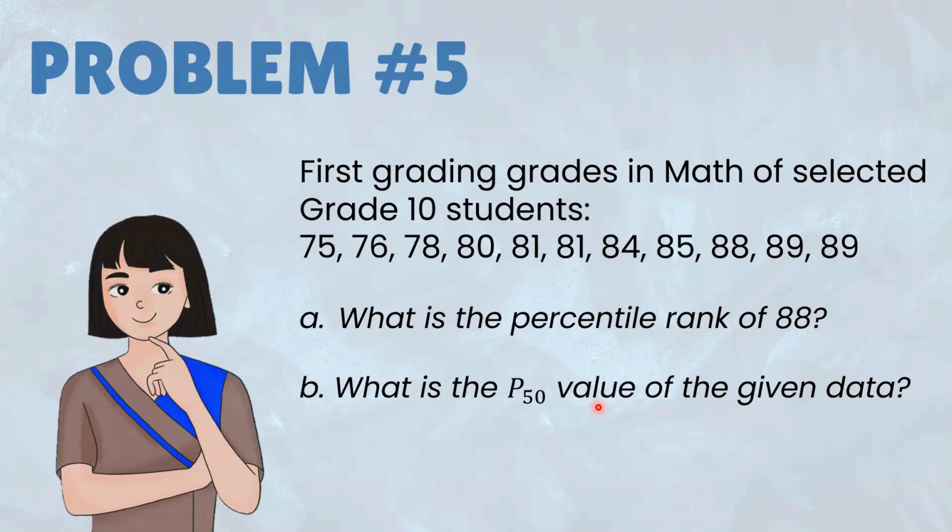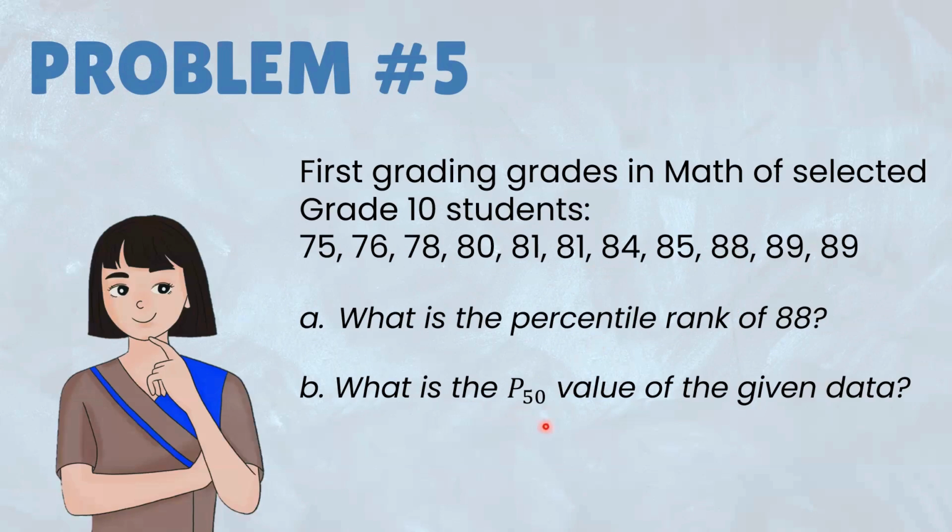And for the last problem for this lesson, first grading grades in math of selected grade 10 students are the following: 75, 76, 78, 80, 81, 81, 84, 85, 88, 89, and 89. What is the percentile rank of 88?